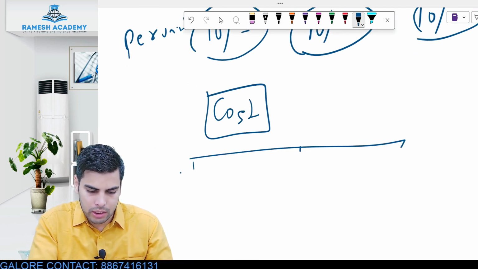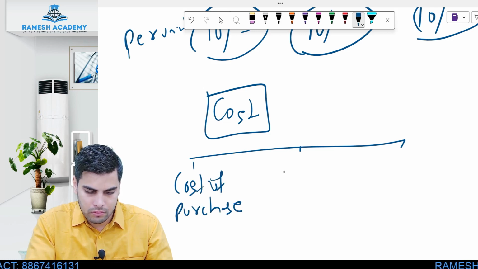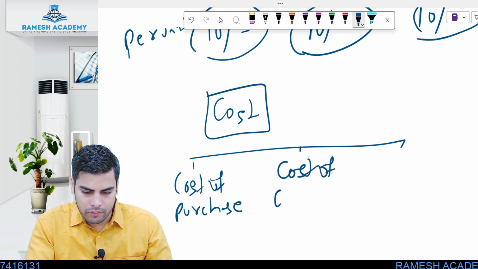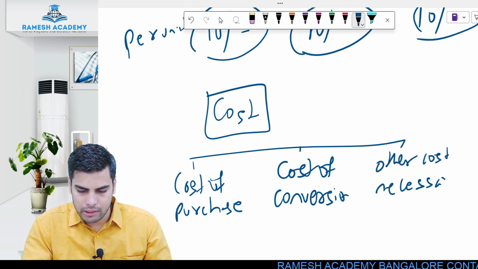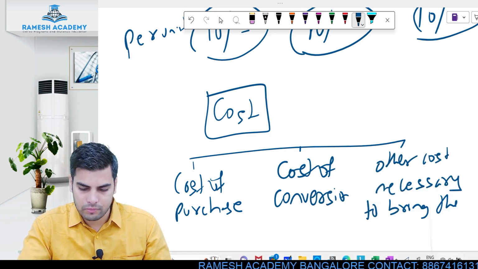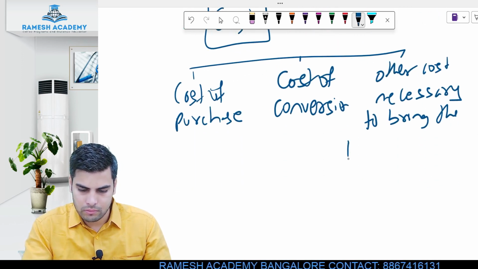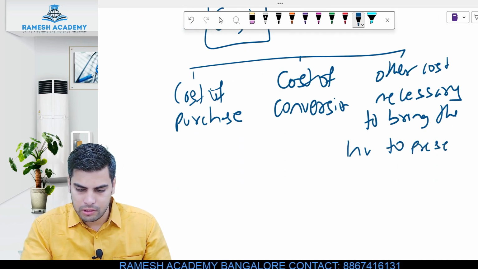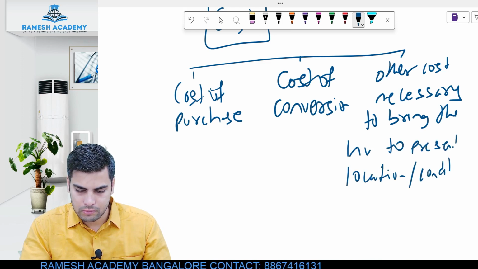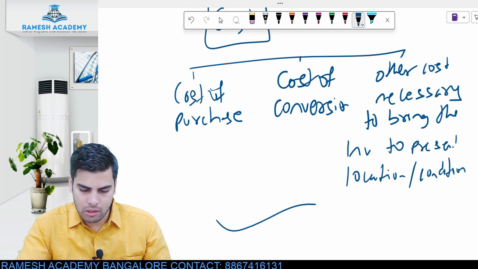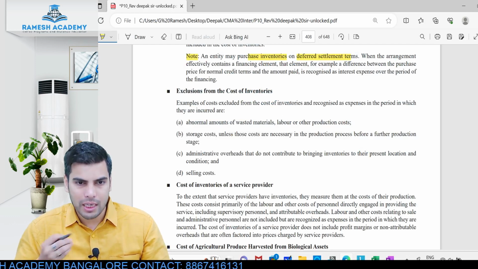One is cost of purchase, cost of conversion, and then other cost necessary to bring the inventory to present location or condition. Hope you guys understood this. So these are the three components which are included in the cost.